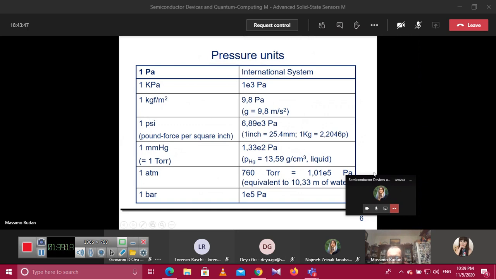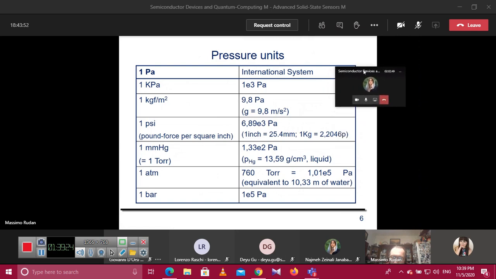By the way, 1 atmosphere is the pressure of the atmosphere, of course, at 0 degrees. That is a column of air whose height is equal to the height of the atmosphere, but it is also equivalent to the pressure exerted by a column of water whose height is 10 meters and 33 centimeters.